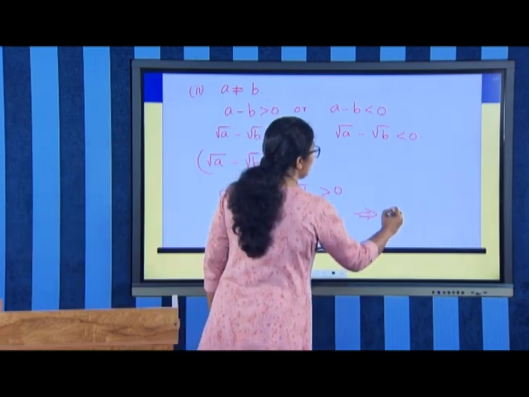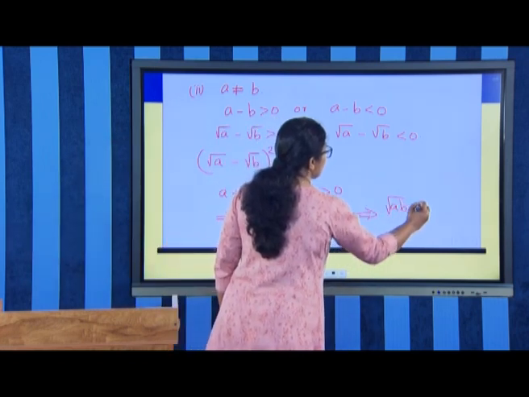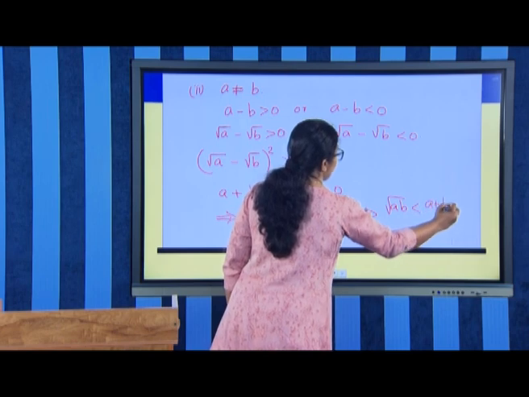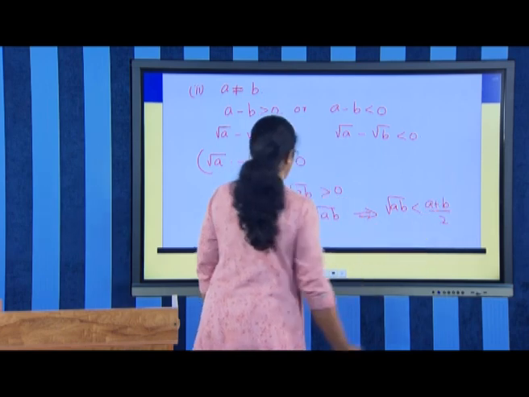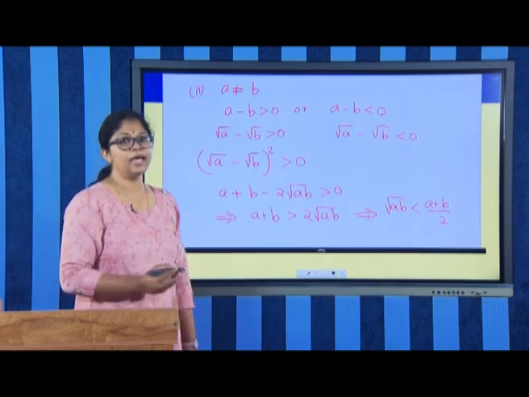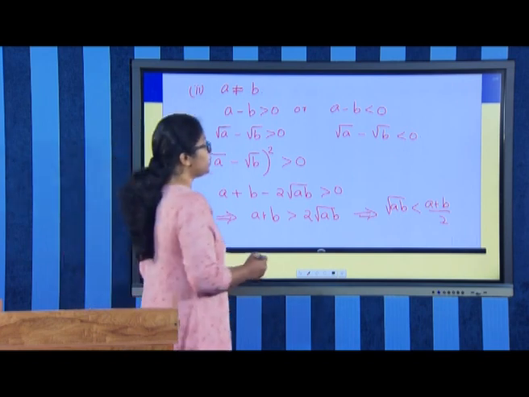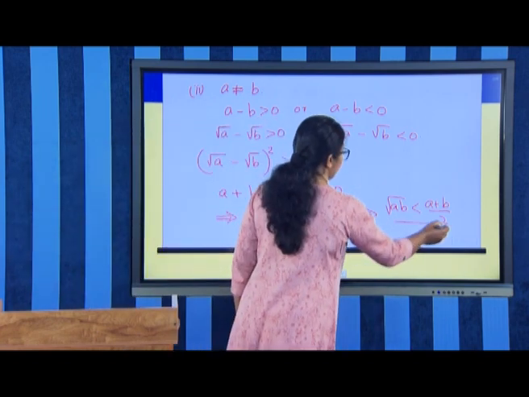That means root AB is less than (A plus B) by 2, which is the required identity that we wanted to prove.